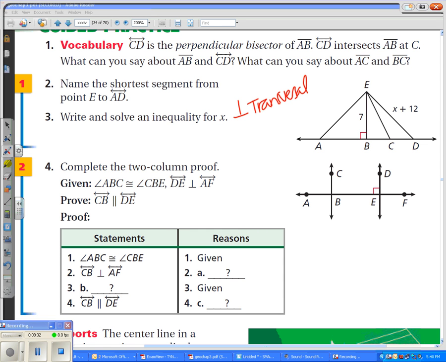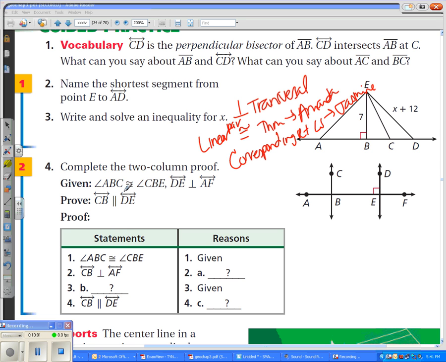One was the linear pair congruency theorem, which was deemed appropriately by Amanda. And then the last one was corresponding right angles, which was deemed by Jasmine, our lovely geometry goddesses.